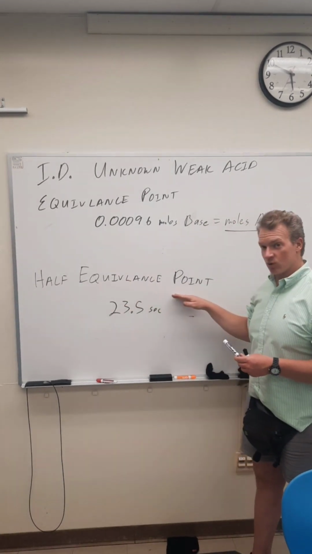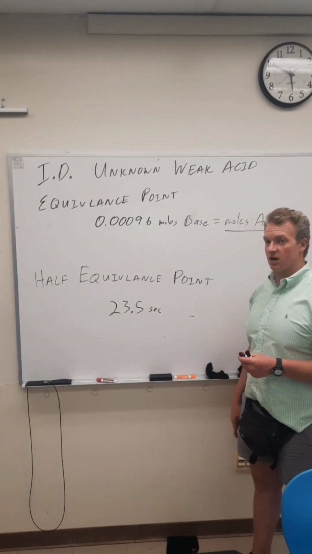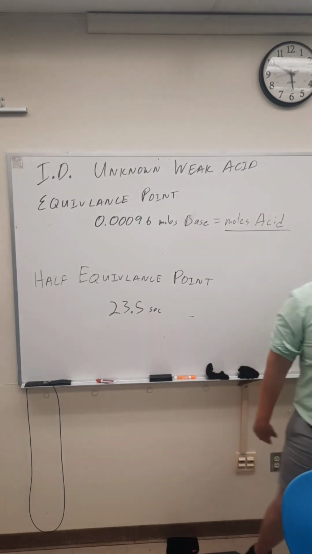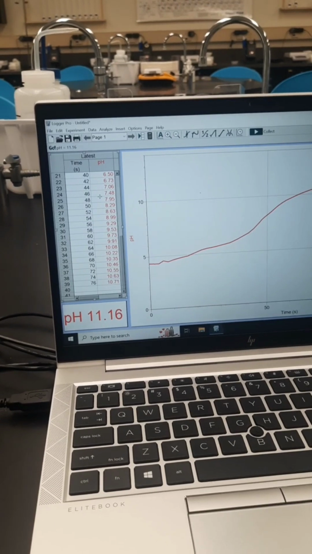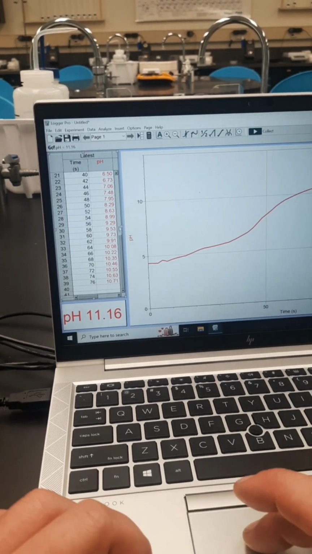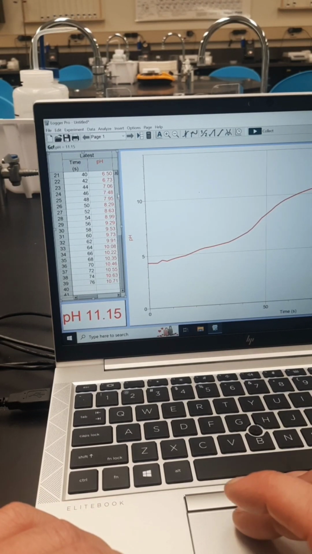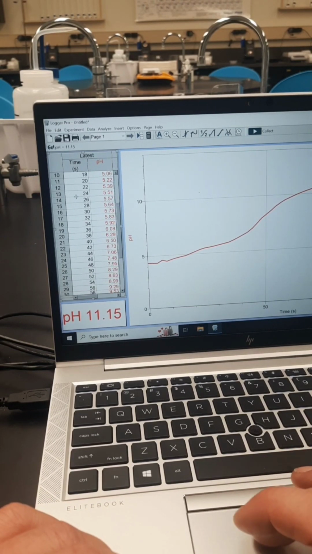At the half equivalence point, we want to know the pH at this time, 23.5 seconds. Let's go back to the screen. Back to our computer screen here, the half equivalence point was determined to be at 23.5 seconds.